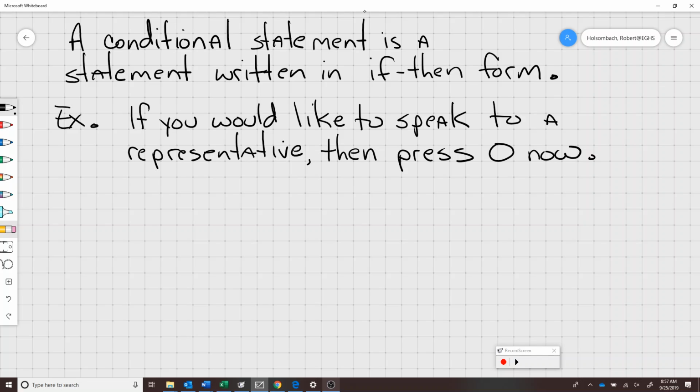A conditional statement is a statement written in if-then form. An example of a conditional statement is, if you would like to speak to a representative, then press 0 now.